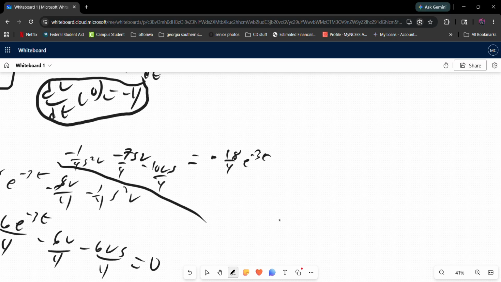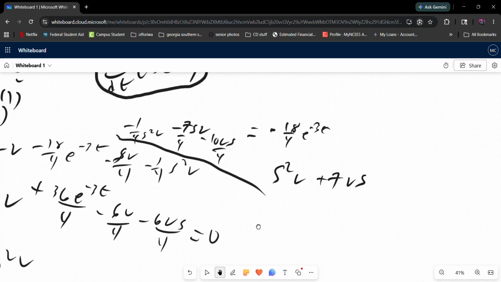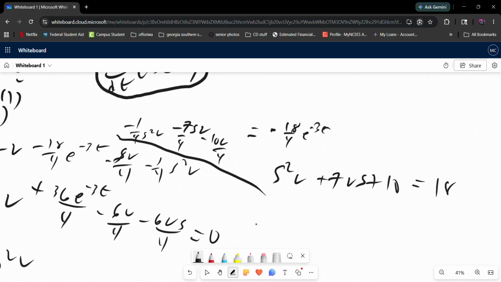So we can multiply everything by negative 4, and you end up with S squared V plus 7 SV plus 10 V equals 18 e to the negative 3t. Wait, that S is not supposed to be there with the 10.